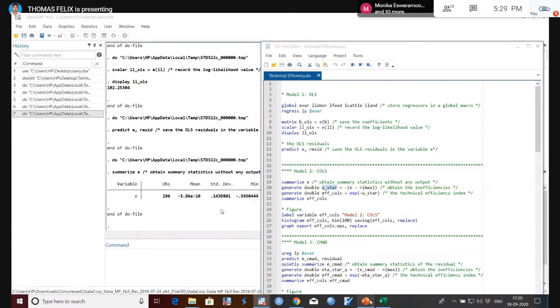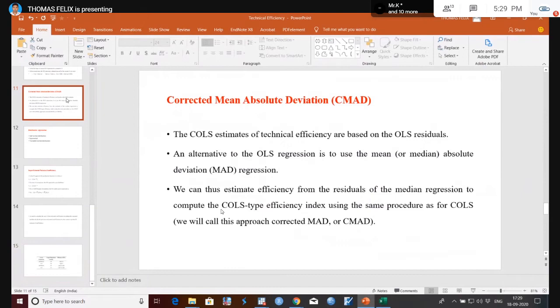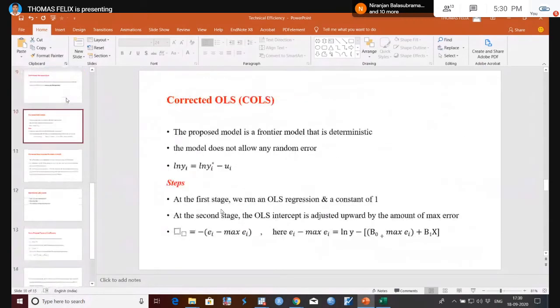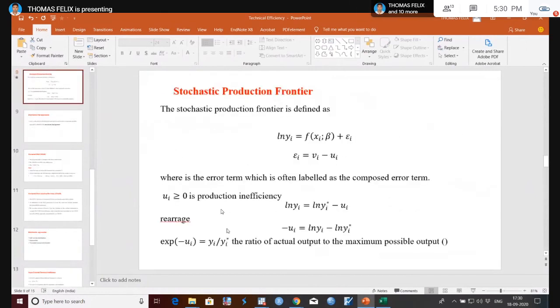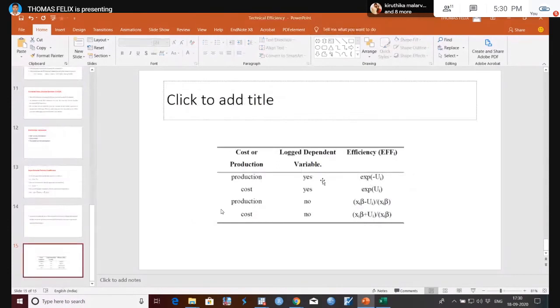As I said, the formula for calculating the technical efficiency is the exponential of minus u. We have derived the formula: exponential of u is equal to y, that is the actual yield divided by the potential yield. This is the inefficiency measure. In the case of a production function, we have to use the efficiency measure exponential of minus u.